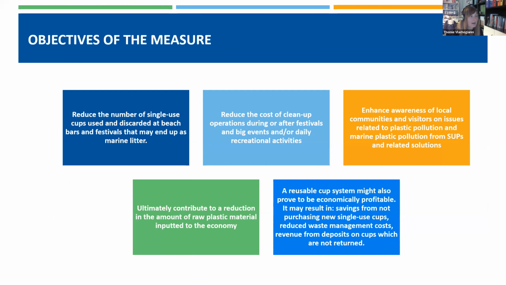But coming back to this one, the objectives of the measure are, A, to reduce the number of single-use cups used and discarded at beach bars and festivals that could potentially become marine litter. Then to reduce the cost of cleanup operations, because in this MPA a lot of time and resources were spent cleaning the coastline after the tourist period or after festivals. Also, it was a very effective tool to enhance awareness of local communities and visitors on the issues related to plastic pollution.